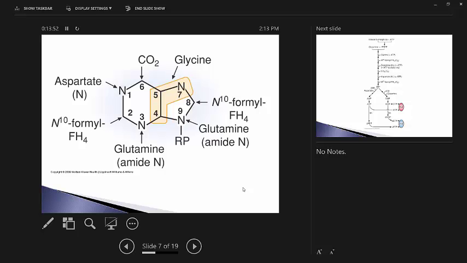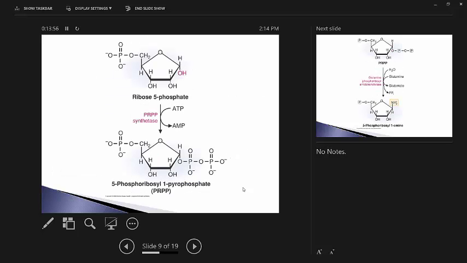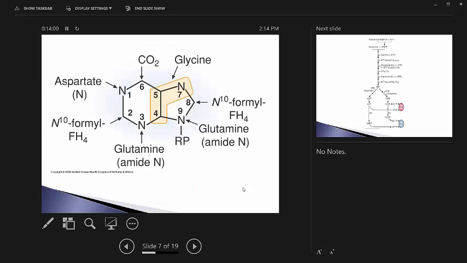So let me take a look a little bit. The big ring has 2 nitrogens in it, 1 and 3. The small ring has 2 nitrogens in it, 7 and 9.